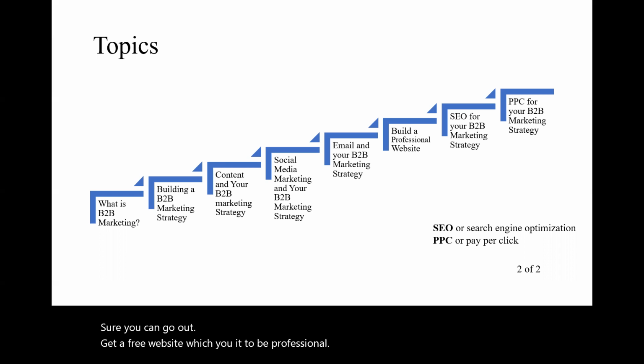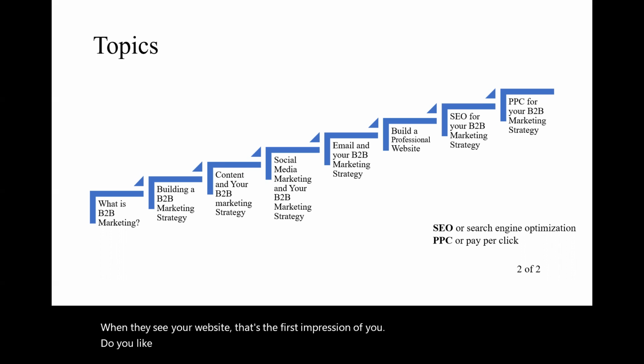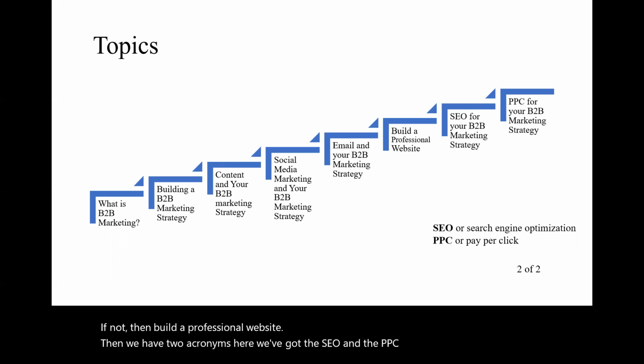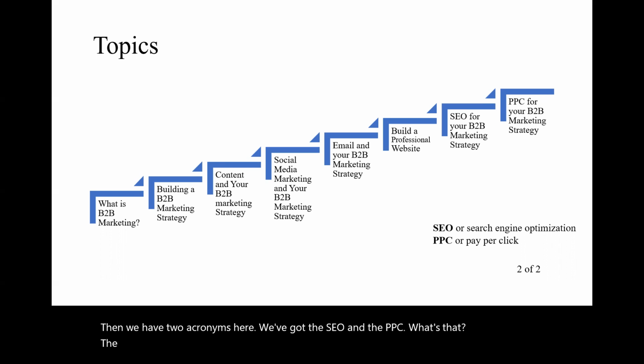When they see your website, that's the first impression of you. Do you like the impression you're making? If not, then build a professional website. Then we have two acronyms here. We've got the SEO and the PPC. What's that? The SEO means search engine optimization.